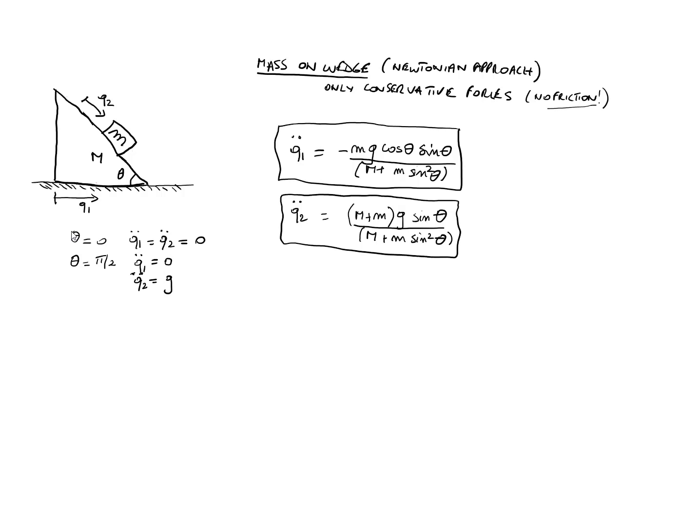If theta is pi over 2, because of the sine here it's a 1, and because of the sine here it's a 1, but here we have a cosine, this will produce a 0, and indeed q1 double dot is 0. This will also be a 1. So you have the total mass divided by the total mass, and what will be remaining is j. So it's always a good idea to check on the physical reality.